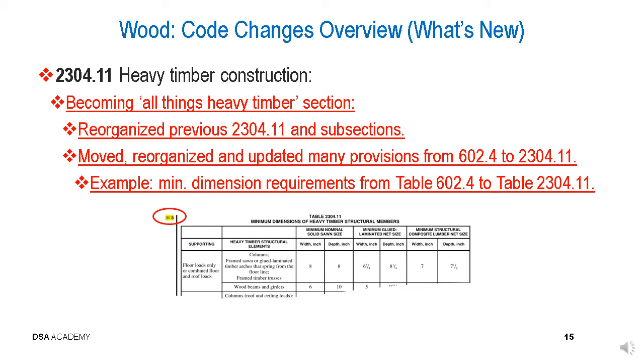The large sizes will tend to char on the outside in a fire, providing a little bit of insulation to the underwood, and that buys a little bit of time before a collapse. These type 4 buildings are very rare. You probably will never see one. But the provisions for all the member sizes to qualify for this type 4 construction used to all be in Chapter 6 of the code, and it's all been moved to 2304.11.